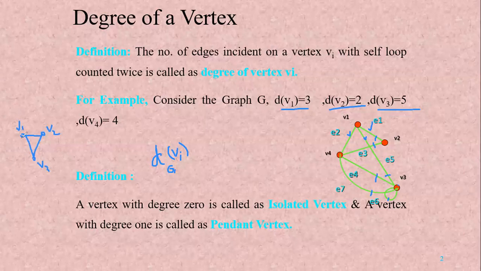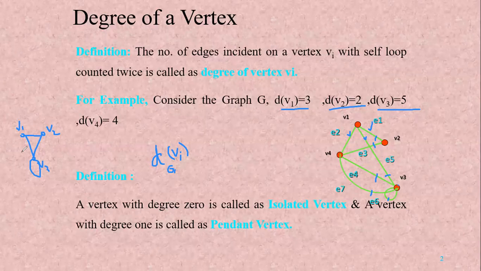Therefore, the degree of V1 is 2. What's the degree of V2? 2 edges are incident with vertex 2. Therefore, the degree of V2 is 2. And here one self loop is there. What is the degree of V3? Here 1, 2 plus 2, that is plus 2 for the self loop. Therefore, the degree of V3 is totally 4. This is called the degree of a vertex.